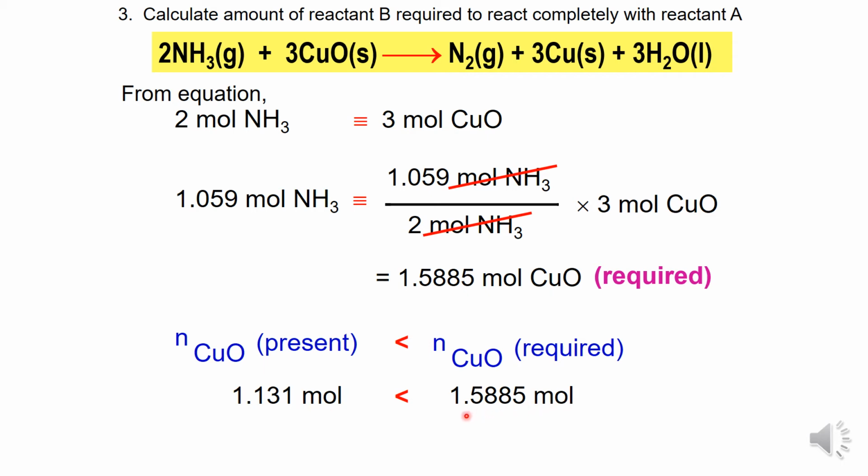So the mole present is less than the mole required. So CuO, copper(II) oxide, is the limiting reactant.